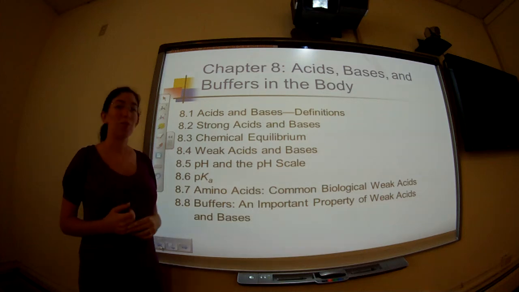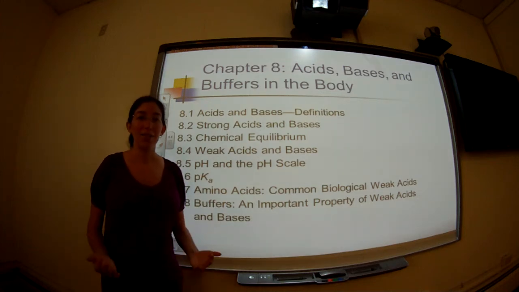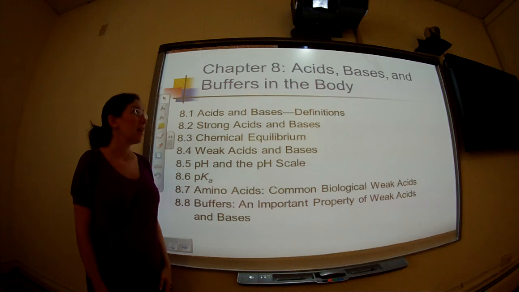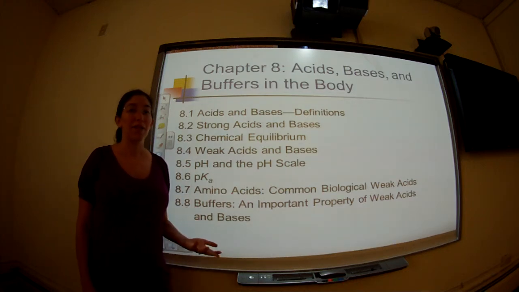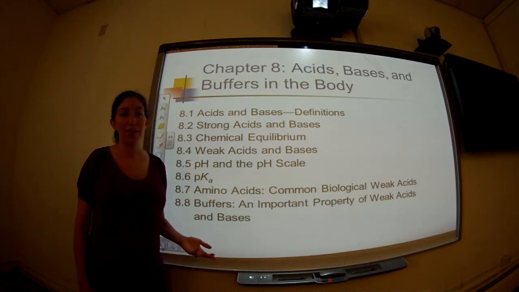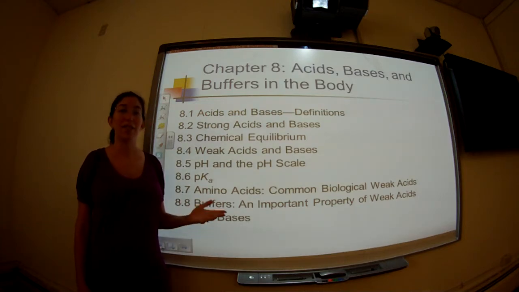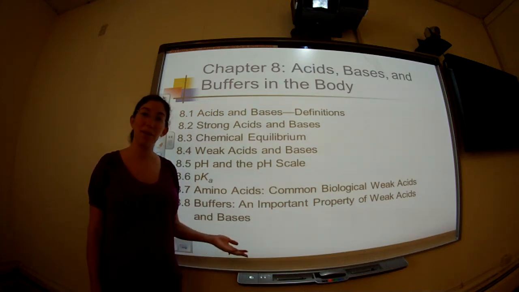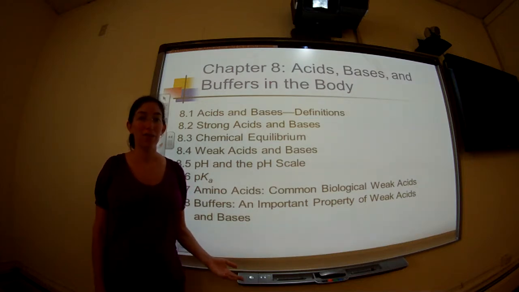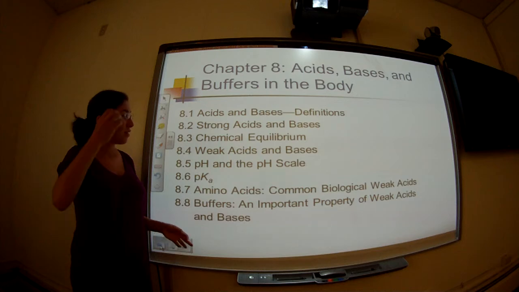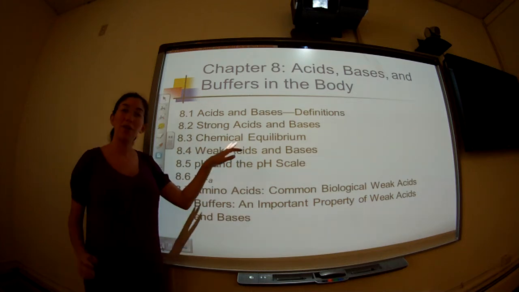So Chapter 8 is all about acids and bases. We're going to go through and talk about what it means to be an acid or a base, what are the definitions of acids and bases. Then we're going to practice identifying acids and bases in chemical reactions and learning how to write chemical reactions with acids and bases. We're going to talk about chemical equilibrium.